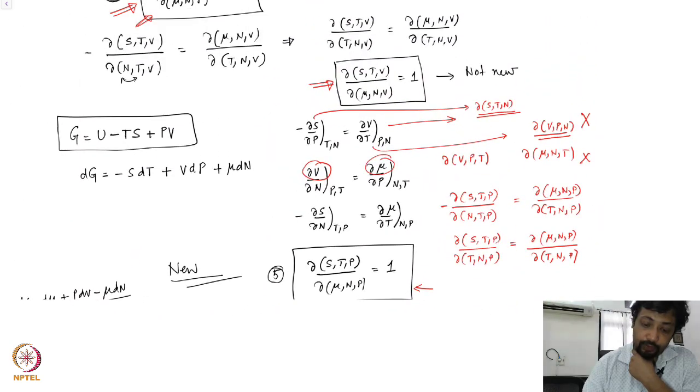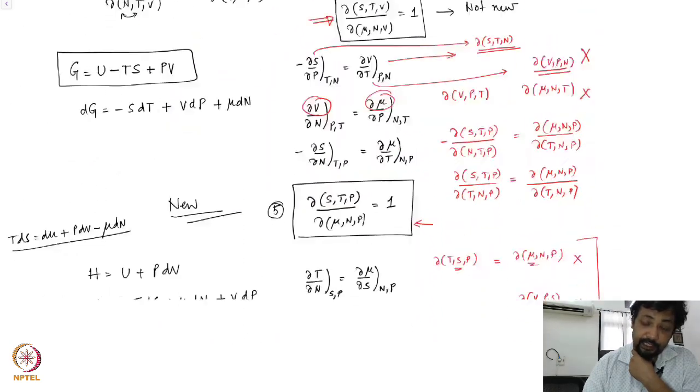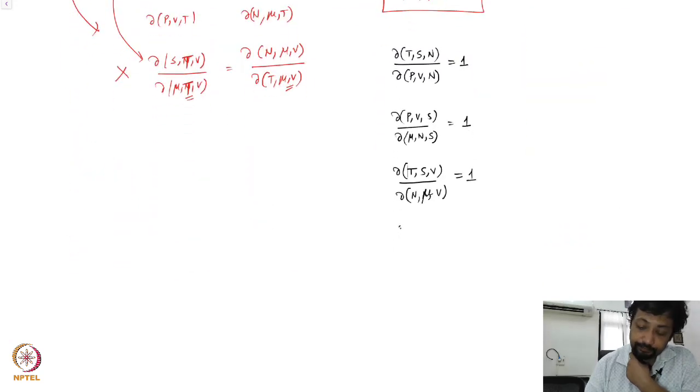The fourth one is P V T and μ N T, is 1.